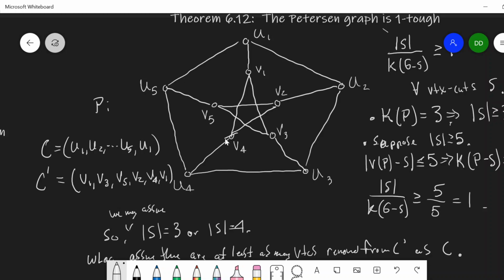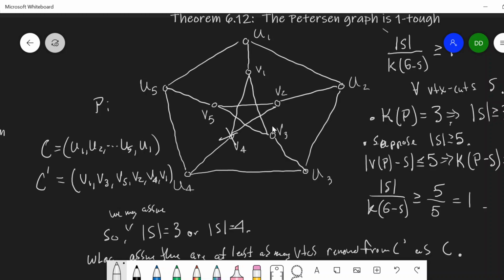So if I remove just one vertex of C prime, it could be any of these, let's say that one, without loss of generality, then I still have the rest of the inner 5 cycle connected, right? If I remove one vertex from a cycle, I haven't disconnected it. So the rest of these vertices inside here are still connected to one another. And so that's at least 1, 2, 3, 4 vertices in a single component by themselves.